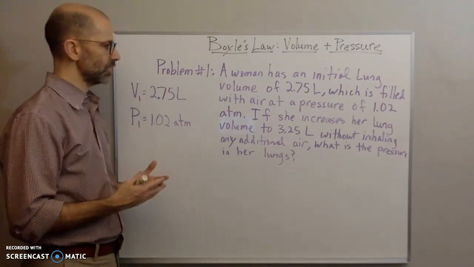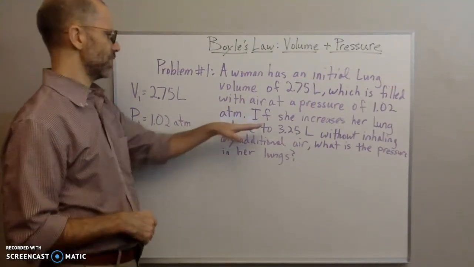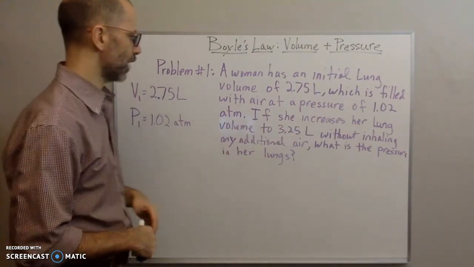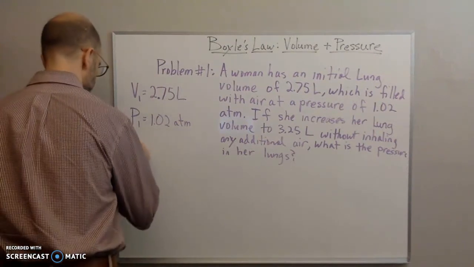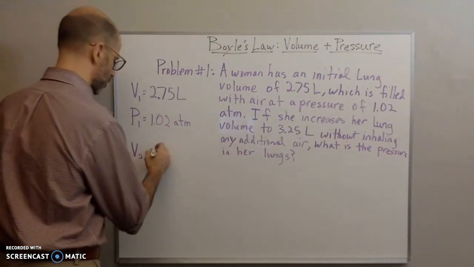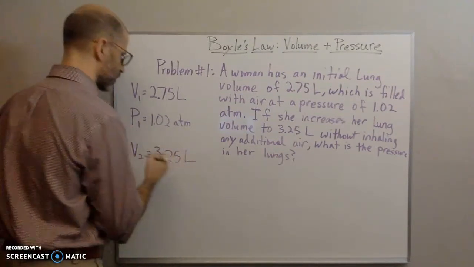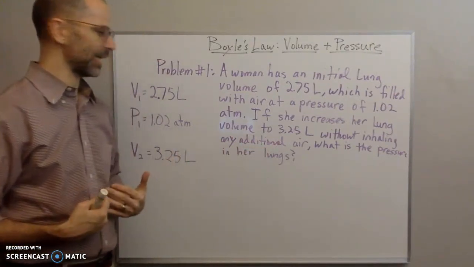So what's the resulting or the ending condition? So here it says, if she increases her lung volume to 3.25. So we're changing the volume. So the final volume, or the V2, is going to be 3.25 liters. And then it says without inhaling any additional air.